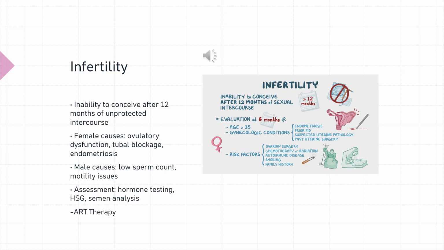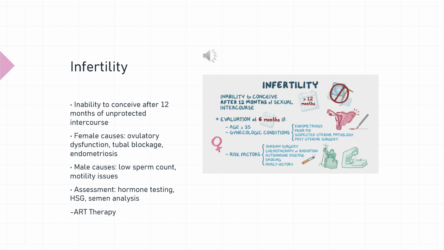There can be some cervical factors that lead to infertility. These can be things like infection, abnormal cervical anatomy, or thick cervical mucus that impacts the sperm from entering into the cervix and uterus.